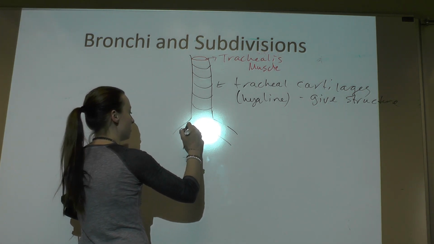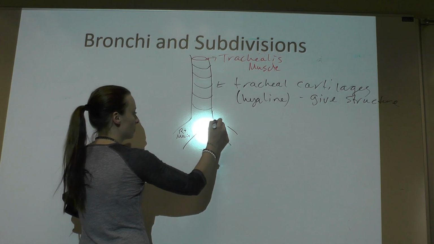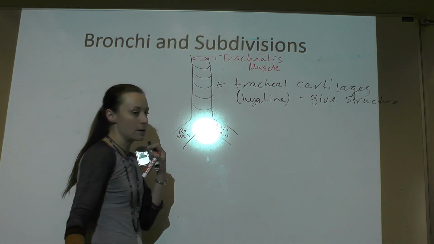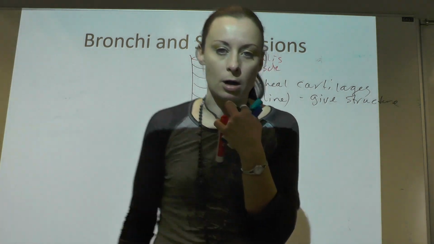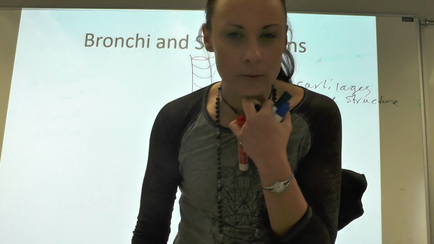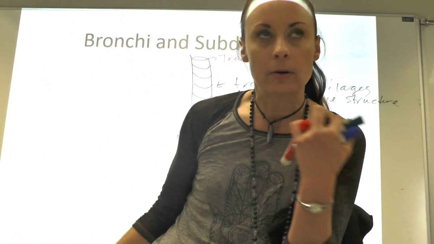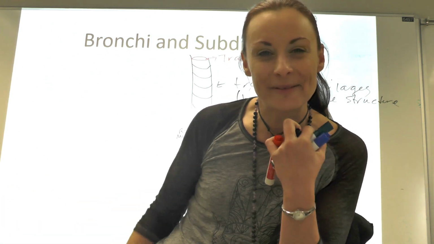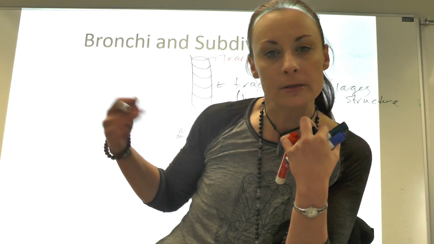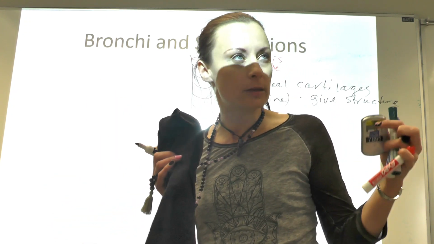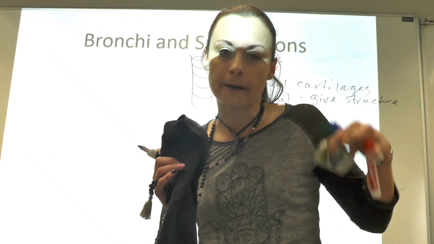We've got a right main bronchus and a left main bronchus that are then going to divide into lobar bronchi. And in just a moment, when we look at the lungs on the whole, we'll see that the lungs are sided. The right lung has 3 lobes, superior, middle, and inferior, and the left lung has 2 lobes, superior and inferior.